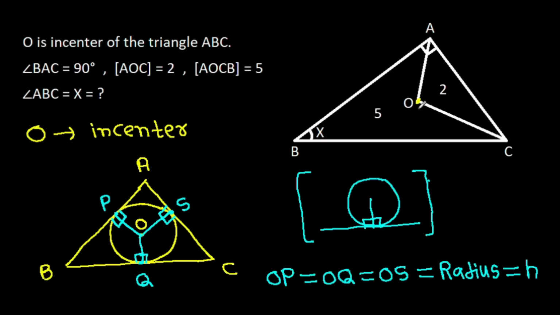From point O, we make perpendiculars on AB, BC and AC, meeting at P, Q and S. If OP is h, then OQ will be h, and OS will be h.